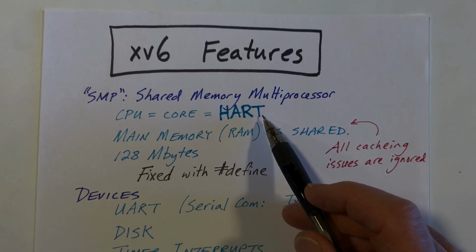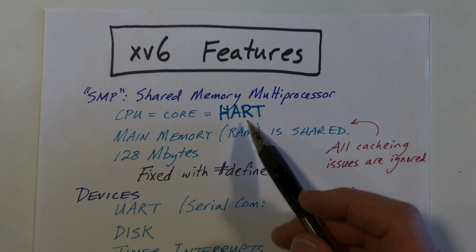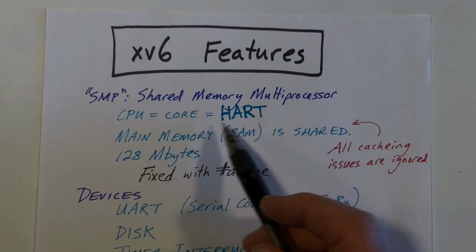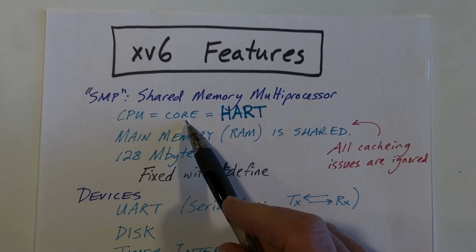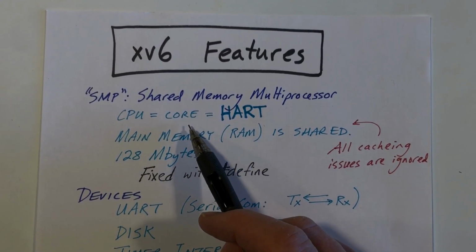The idea is to increase the performance per transistor. So this term hart appears, but for our purposes we're going to be running it on a system with multiple cores, and so these terms are all synonymous. There's just a single hardware thread per core.